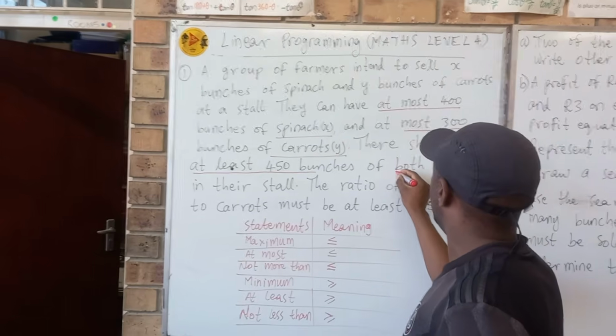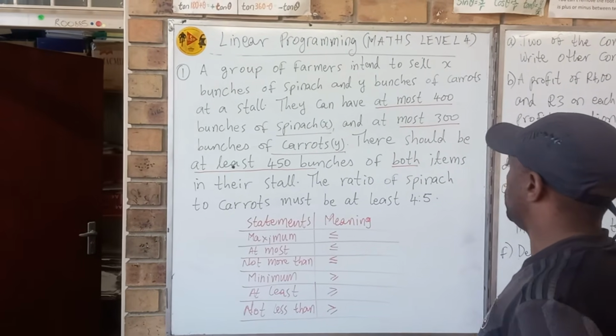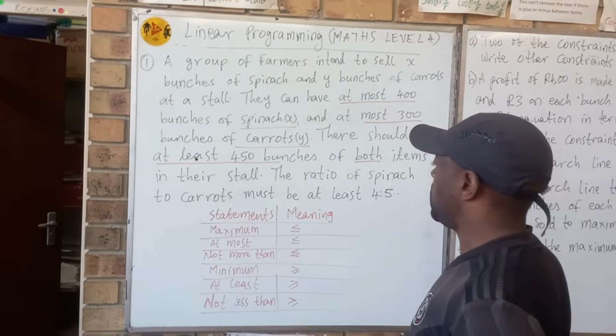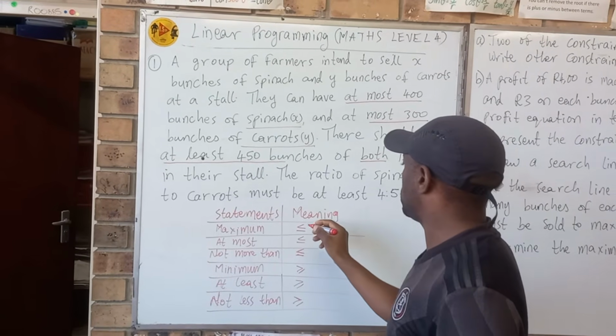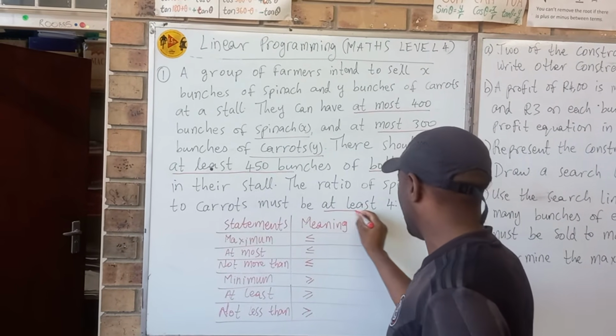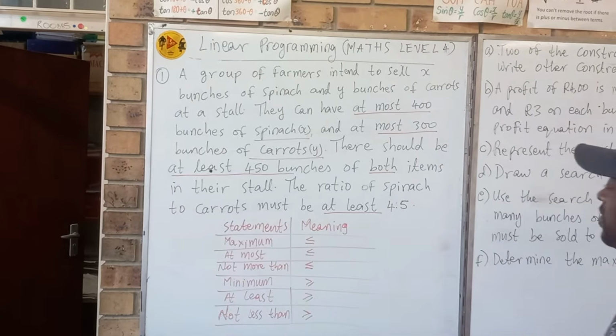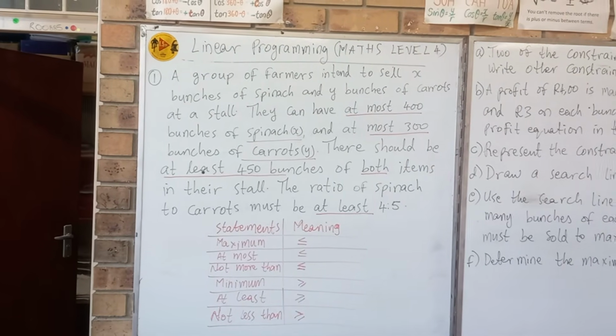Both now means you take X plus Y in the store. And then the ratio of spinach to carrot must be at least 4:5. So that is it. So you can now go to the questions.